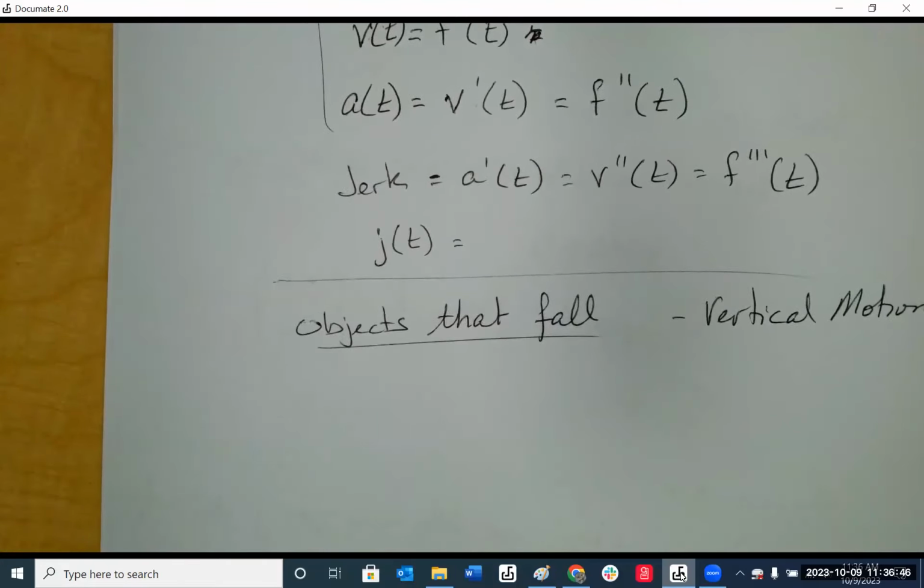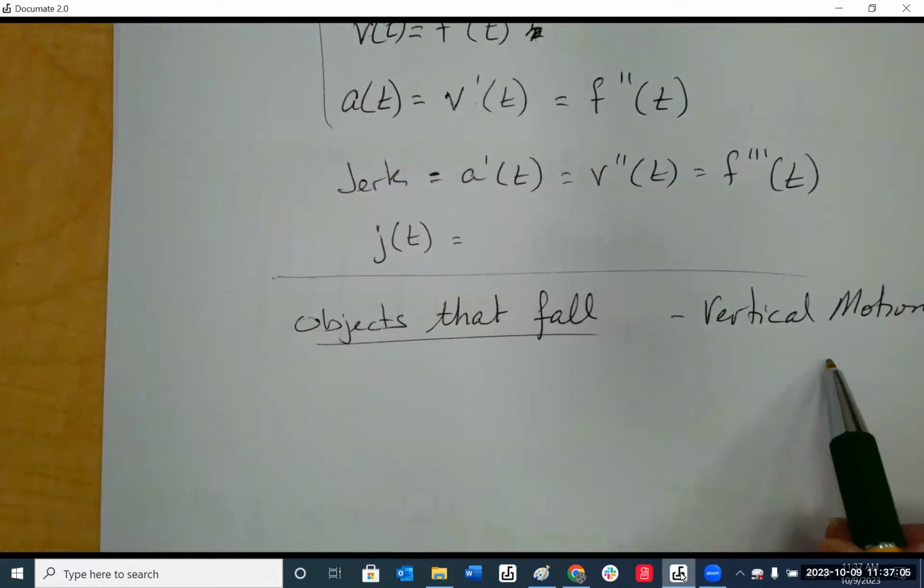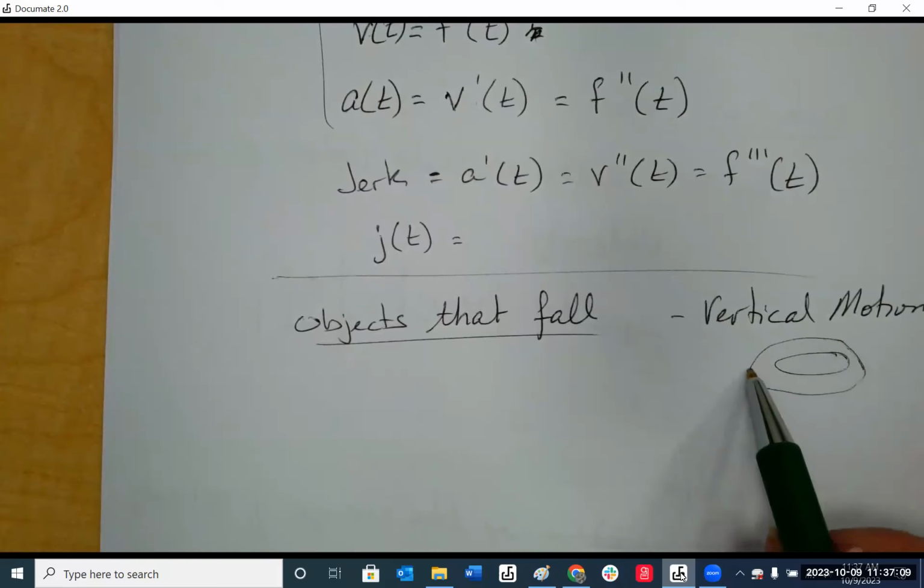Galileo, about 700 years ago, experimented with this. He used the Leaning Tower of Pisa as his place to study, because if you look at the Leaning Tower of Pisa when it was first built, it's a cylinder.